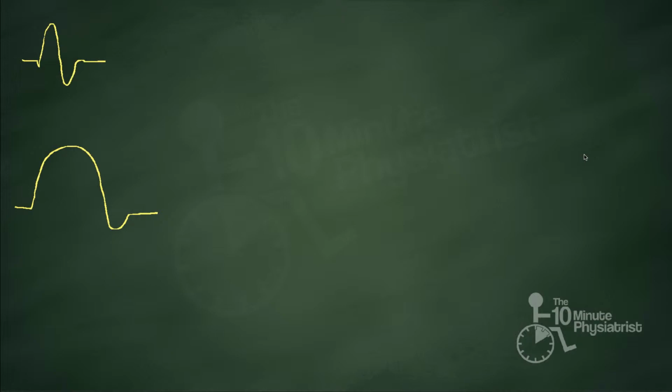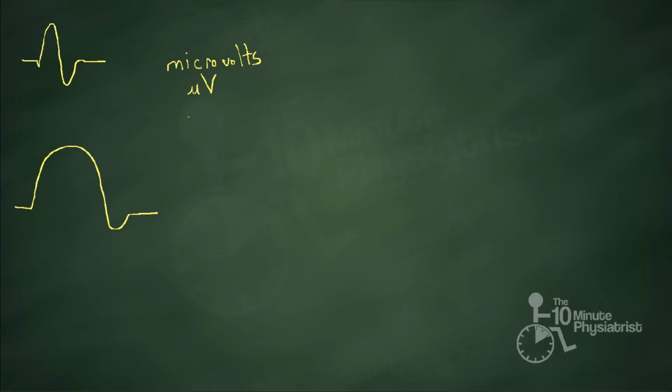There is a huge order of magnitude difference between the size of these two potentials. The sensory potential is measured in microvolts, and if you can draw that, that's represented by the mu symbol, microvolts.